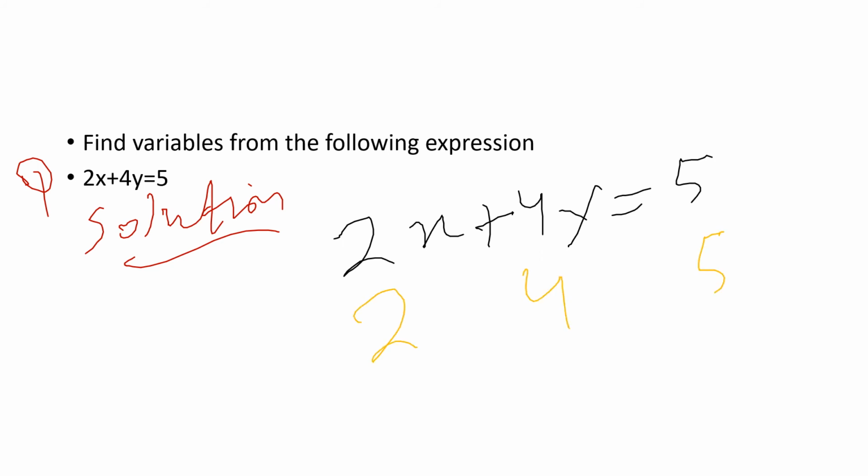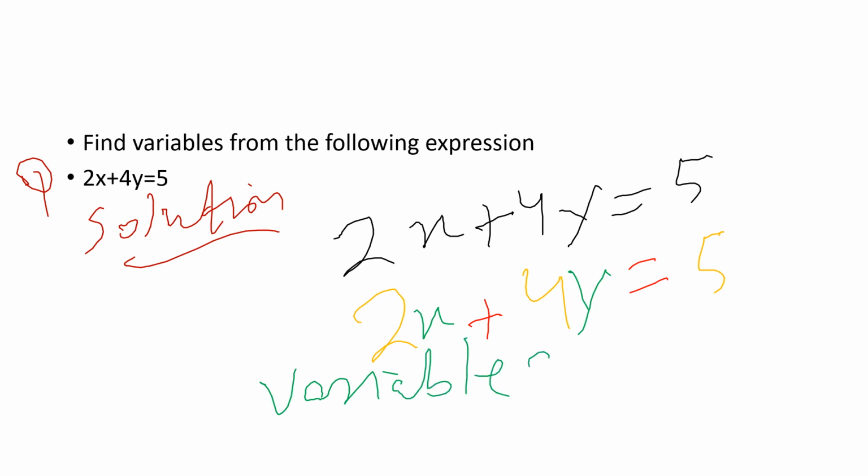These are constants, and this is our operation, and this is our one variable, this is our second variable. So what are the variables? There are two variables represented by the green part, so we can write variables are equal to x and y. Answer.